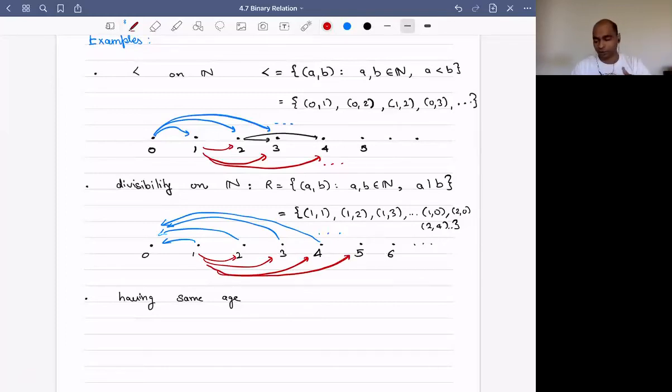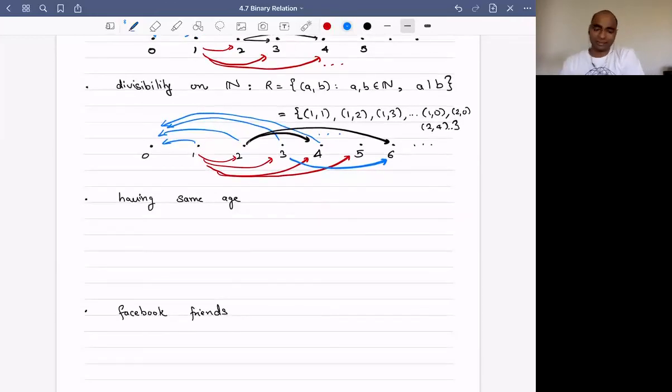Then 2 divides 4, but 2 does not divide 5, but 2 divides 6. So these will be arrows that look like this. 3 divides 6, so I'll get one more arrow from 3 to 6, and so on. So divisibility is itself a binary relation. In fact, every time you have a statement that says something, a mathematical structure related to another mathematical structure, you are secretly dealing with relations.